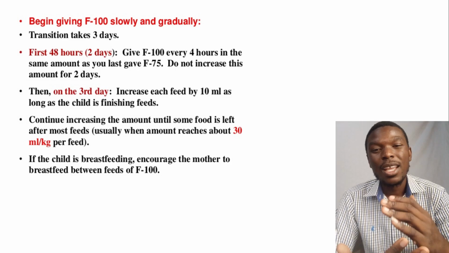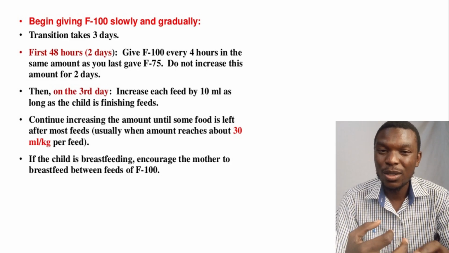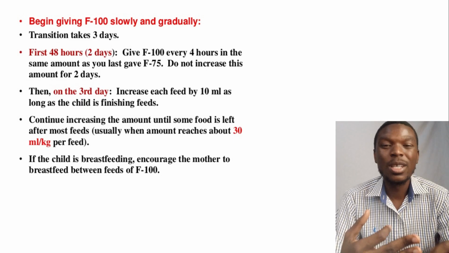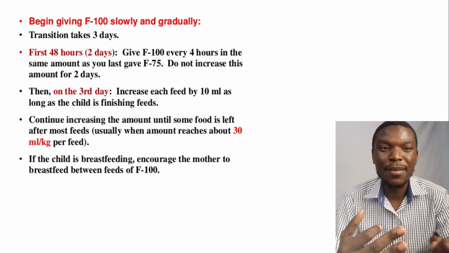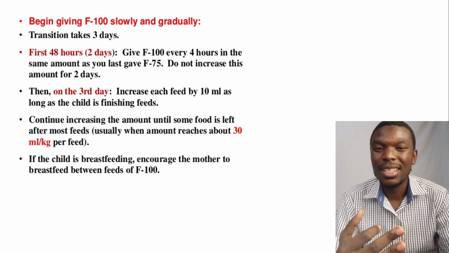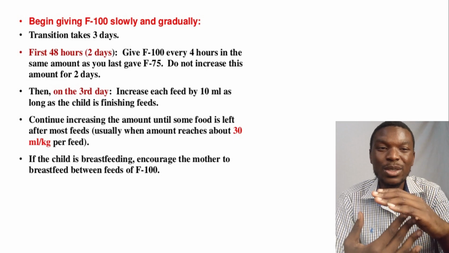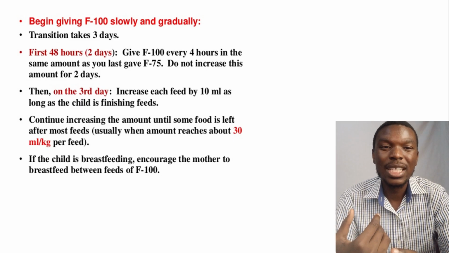So in short, remember the child's appetite has retained. So now the child is slowly becoming alert and more responsive. So you can continue feeding the child, of course, every 4 hours. But you can be increasing the amount of feed until you reach a point where the child is taking 300 mls per kg.